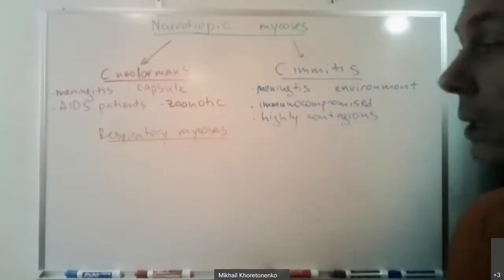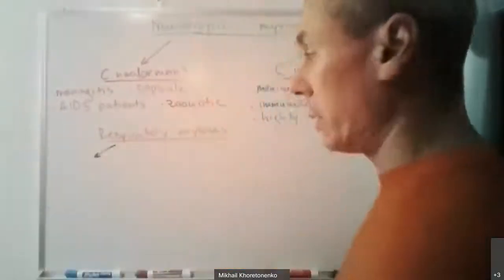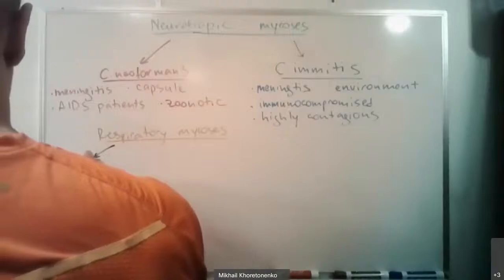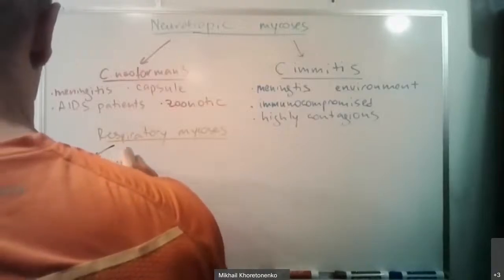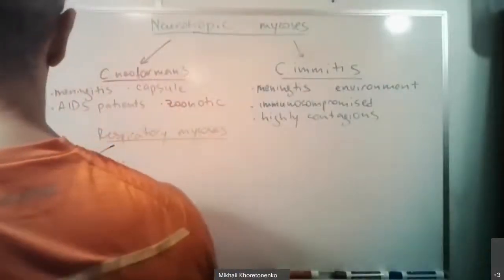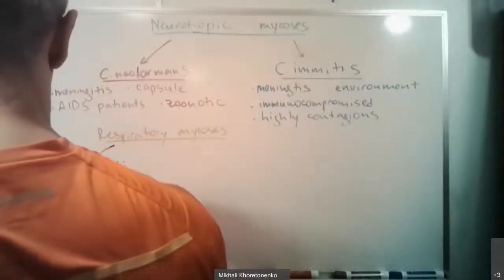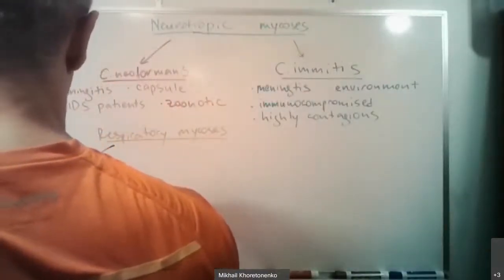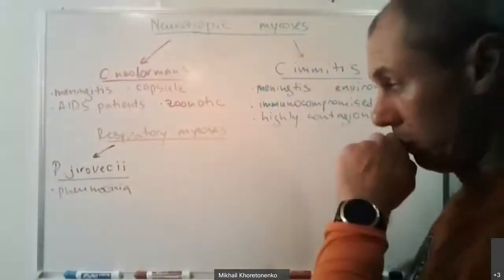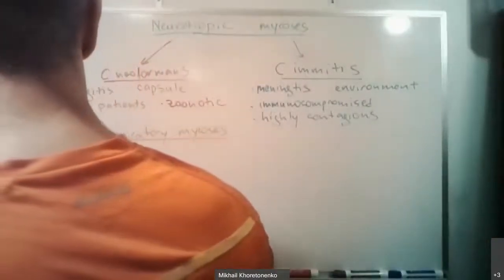You will see it in a second. So first, a truly respiratory mycosis is Pneumocystis jirovecii. It's the fungal infection that causes typical pneumonia, which affects mostly AIDS patients.